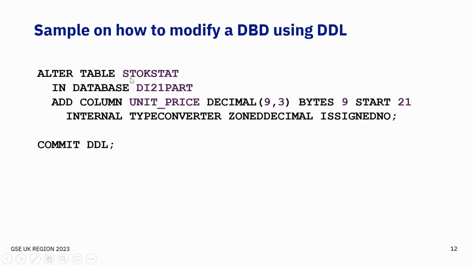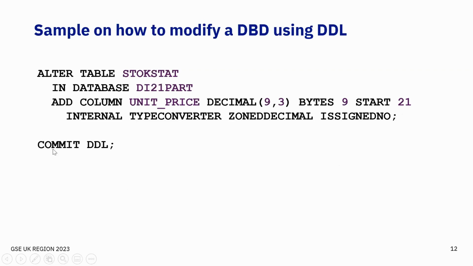The name of that segment is stock statistics, and it's in a database called DI21PART. And we're adding a field, all right? Adding a column. This is the name of the column, unit price, decimal 9,3, it's for 9 bytes, starts in position 21, and so on. So this would be an alter statement to modify that segment.